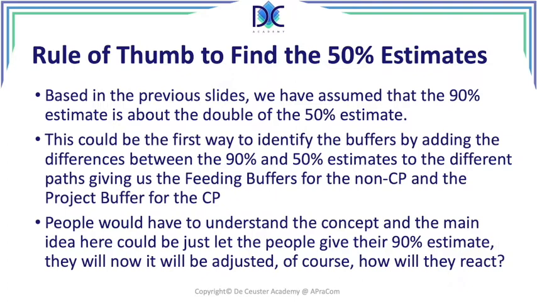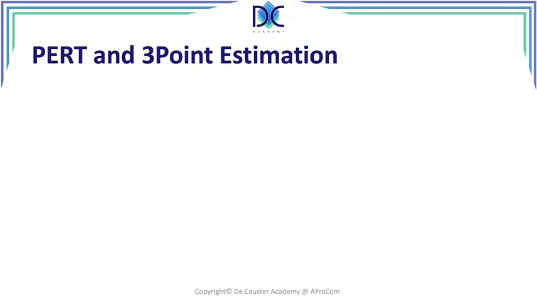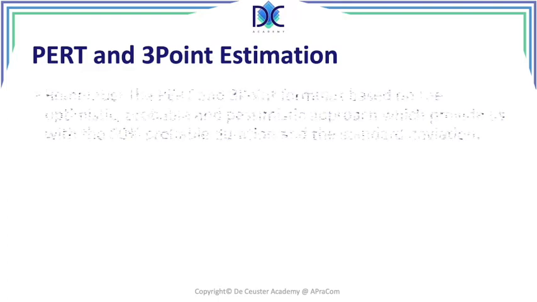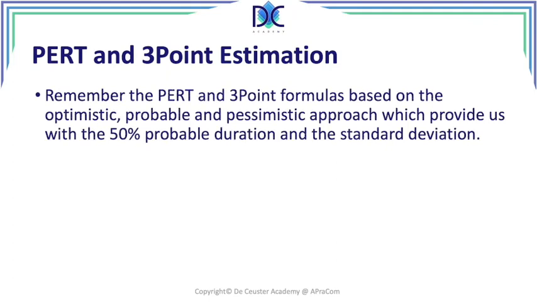Doing it like this may not always be the best way, but remember that we were looking at PERT and 3-point estimation. And we could also talk about other statistical estimation like Monte Carlo estimations that we can use to find the 50% and the 90% estimates. When we looked at the PERT and the 3-point formulas, we based the 50% estimate on the optimistic, probable, and pessimistic approach.